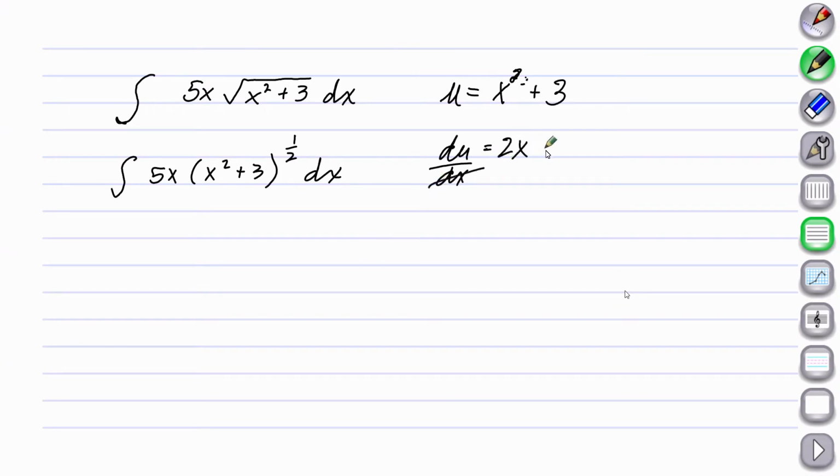So du dx is going to be 2x. Put my dx here. And once again, I got a 5 instead of a 2. There's a couple of different ways you can do it. They factored out the 5 like this and rewrote it like this.